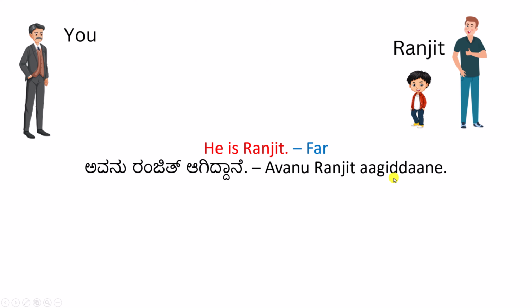Iddane has inherent meaning of is present. So in this sentence, is something is more suitable. He is something or he is someone, and so ಆಗಿದ್ದಾನೆ is selected for is.